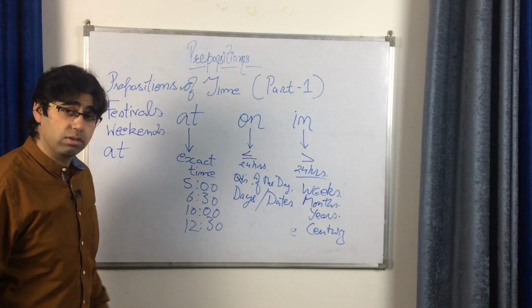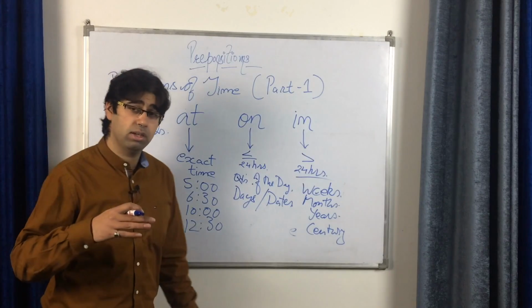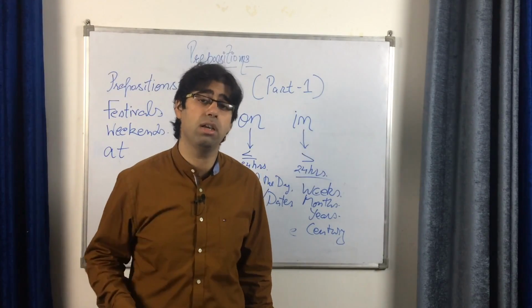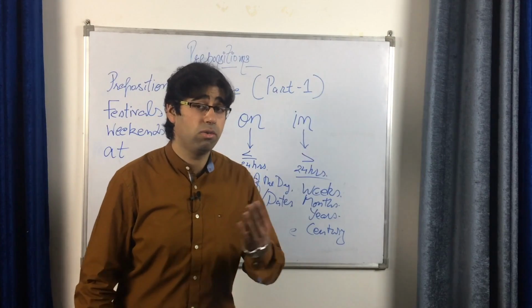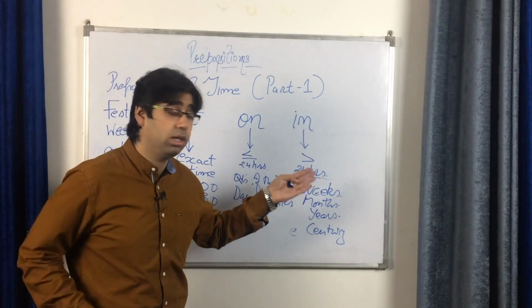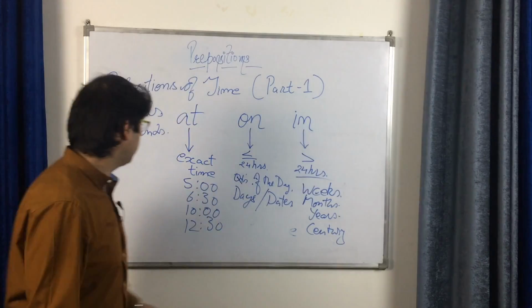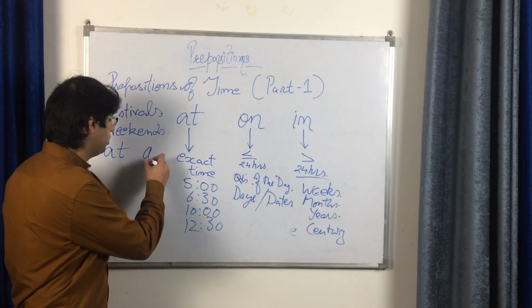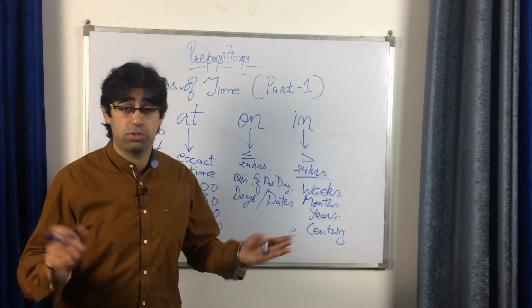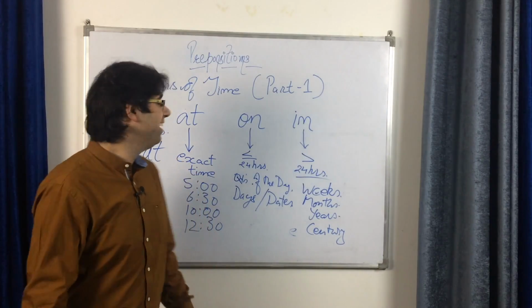Same goes for weekends, right? Weekends are how long? Weekends are generally 48 hours long. You club in your Saturday, you club in your Sunday, and you've got your weekend. 48 hours qualifies under greater than 24 hours, so technically a weekend should be using in, but that too, according to English grammar, uses at. Just the way it is, strangely, right?